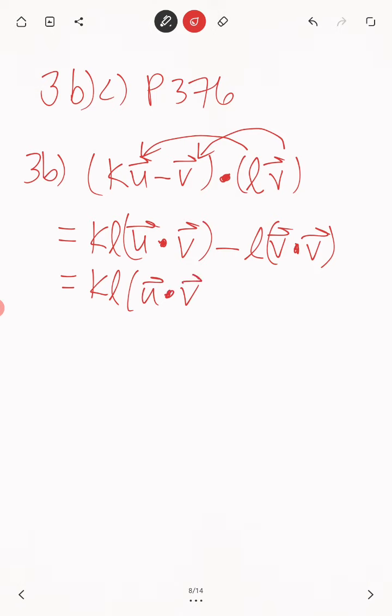And then V dot V is equivalent to the magnitude of V squared, according to property number 3 in the box that we just looked at. Yeah, and so we would leave it like that.